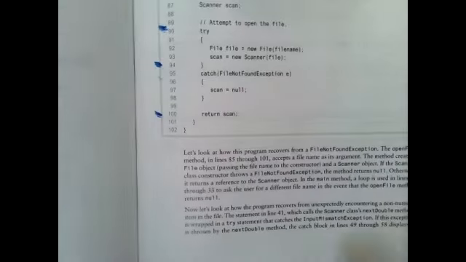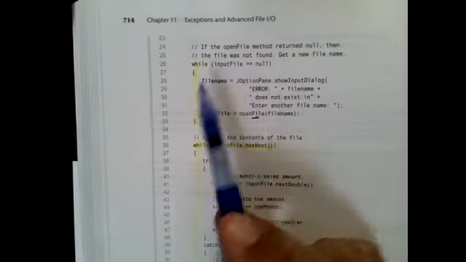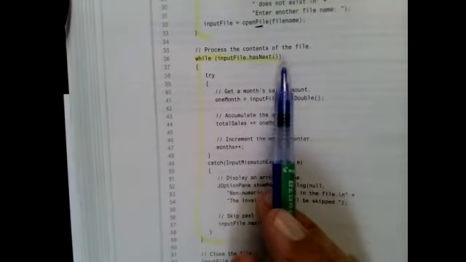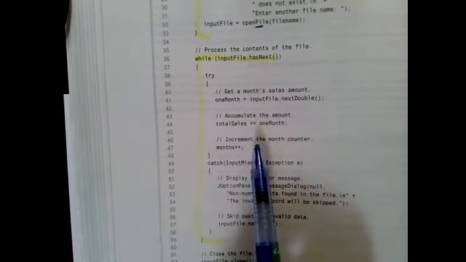And if I flip the page, I have a while. Let's see what we have going on in this program. I have a while input file is not null, I get the input file. I'm going to take a look at while it has another number, and I'm going to come in and work with it.